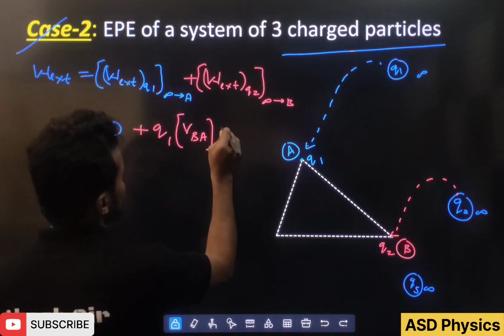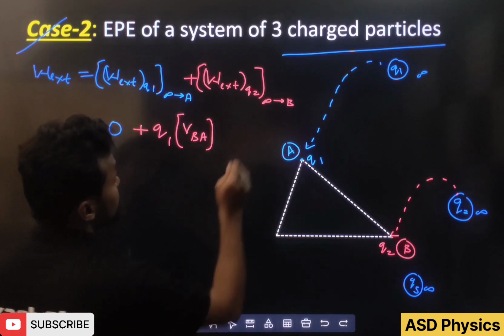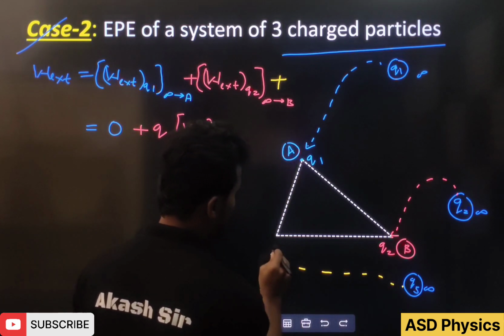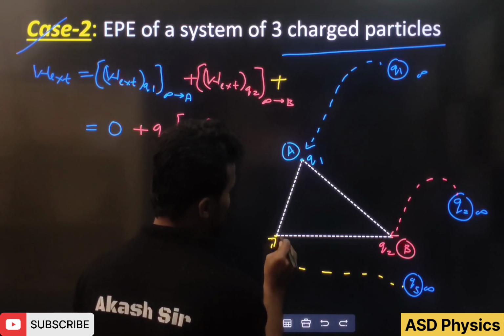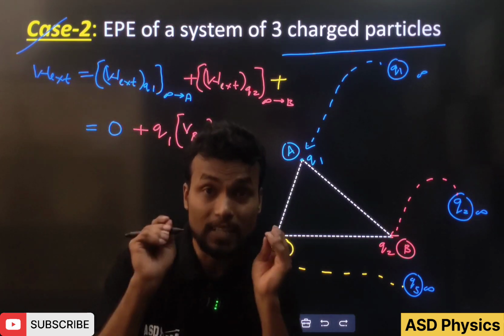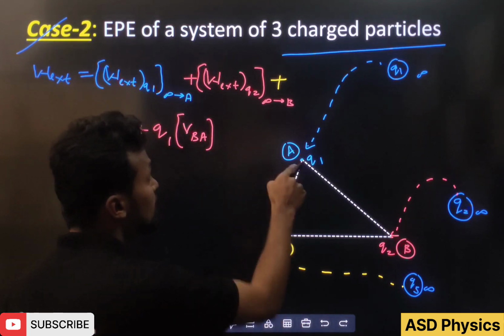Similarly, next, plus: now this third charged particle will come here, at point C. So now this third charged particle is coming into the electric field of Q1 and Q2.